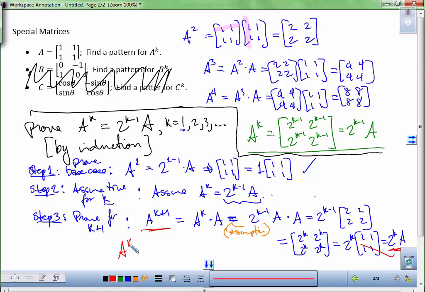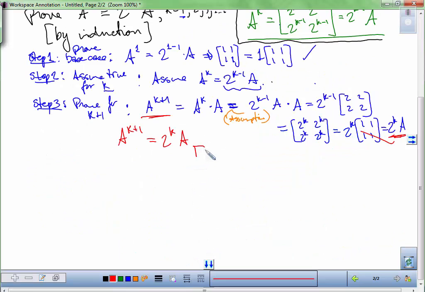So you've proven that a to the k plus 1 is equal to 2 to the k times a, which is the next step, proven for k plus 1. So you can say you're done here. You can put a little something there to say that you're done with a proof, or you can say QED.